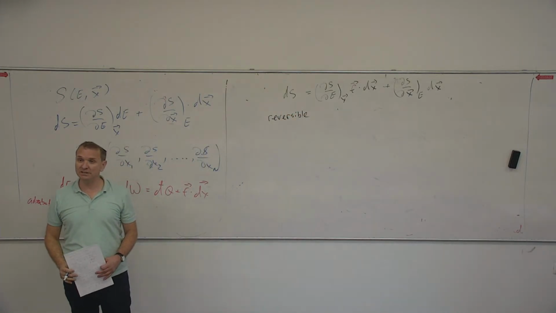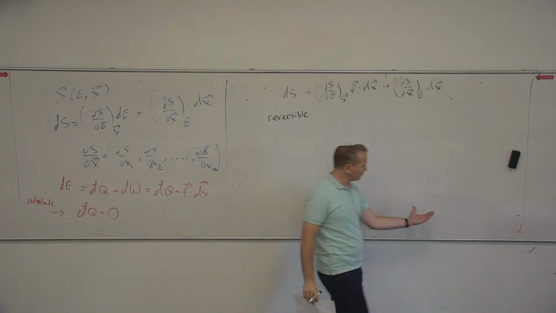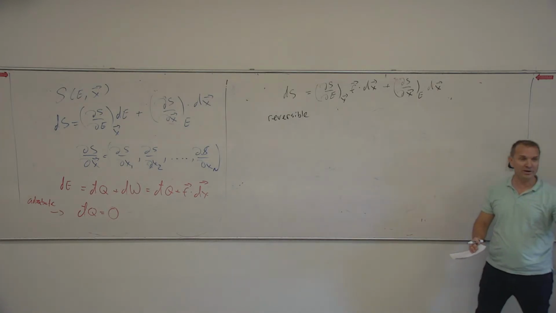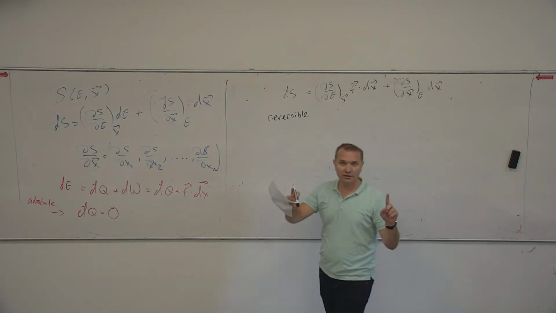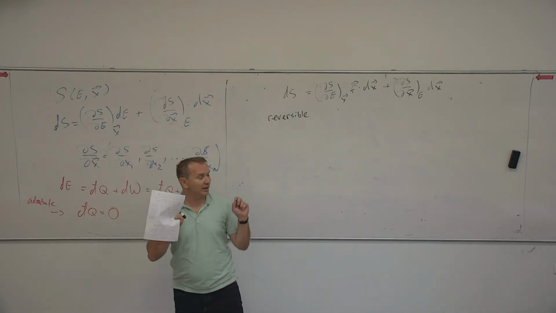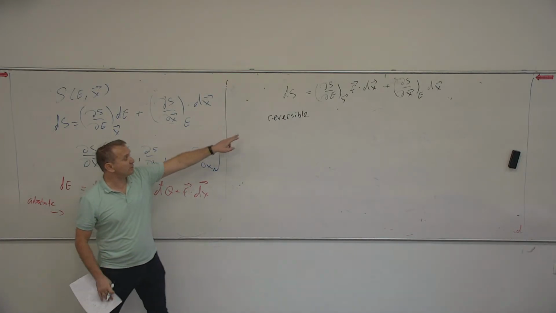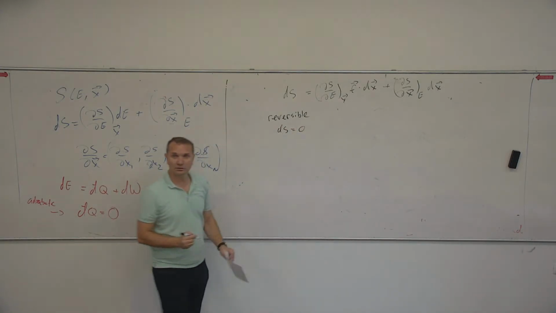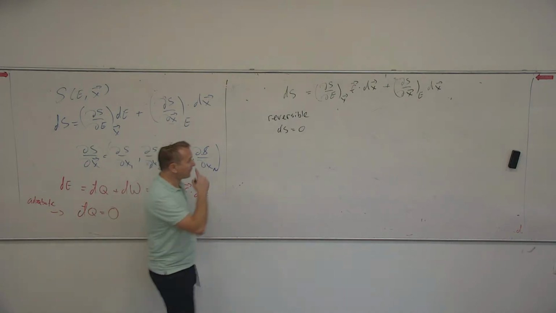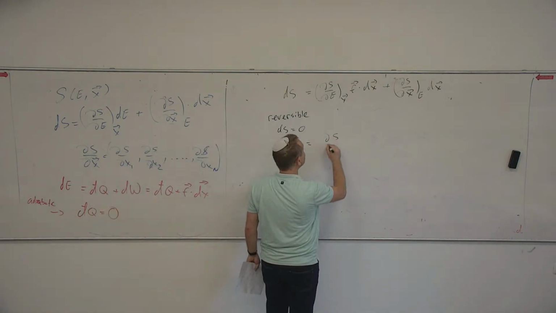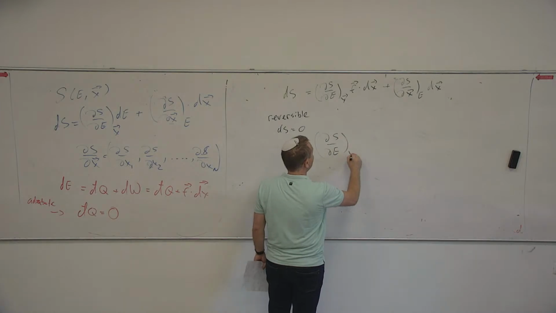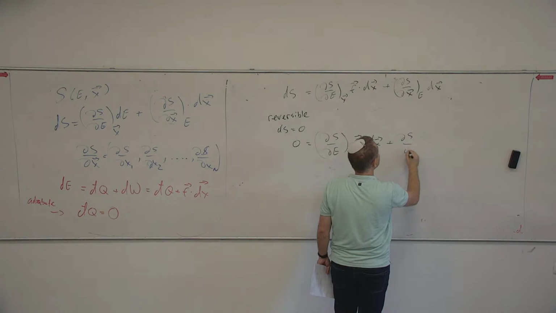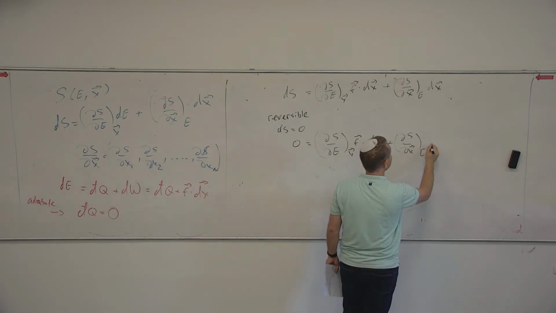What does reversibility mean? I've erased it, but it was written over here. Reversibility means that when I go from one state to another state, the entropy is exactly the same. So for reversible processes, dS equals simply 0. So I have 0 equals dS/dE at constant x times f dot dx plus dS/dx at constant E dx.